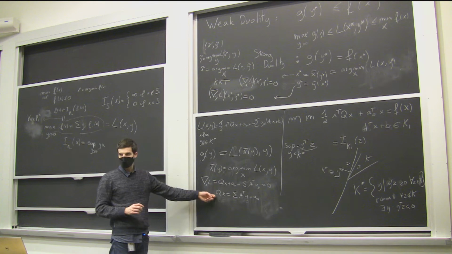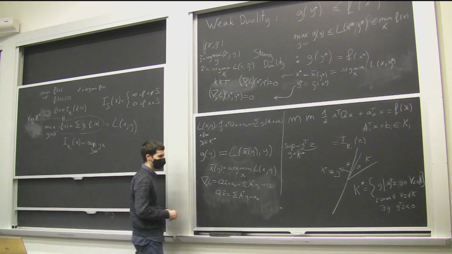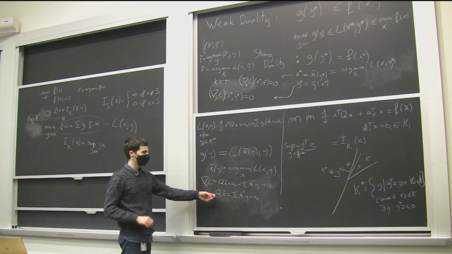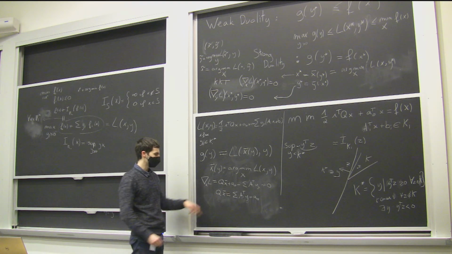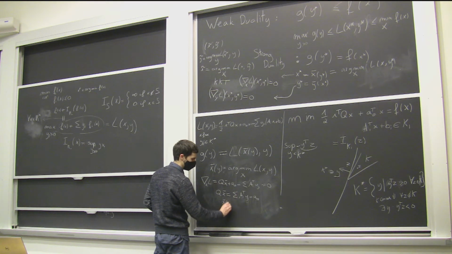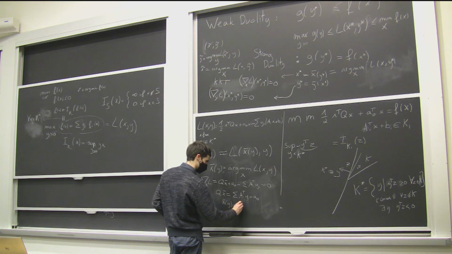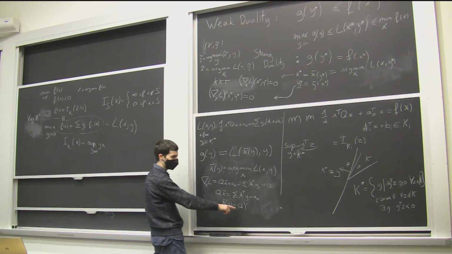So I have this identity. And so this identity gives me a way to find x bar of y, if Q is a positive definite matrix.